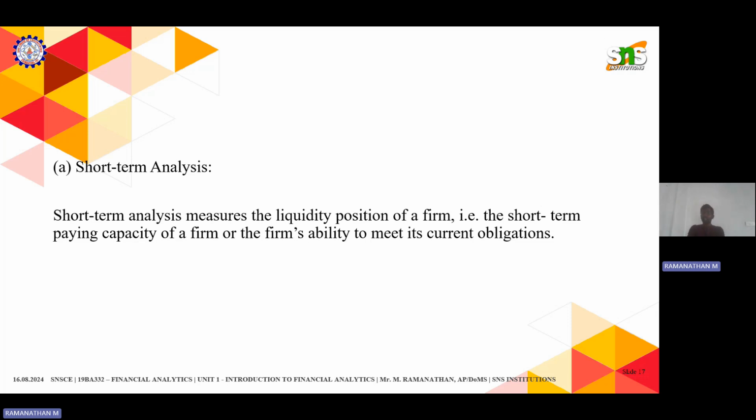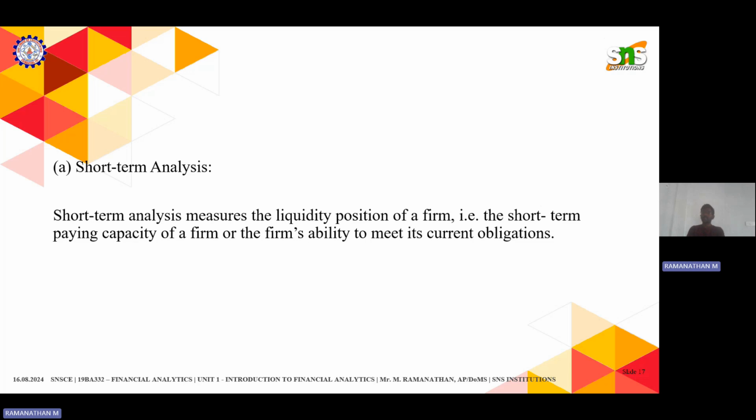Operating activity, financing activity, investing activity, we will be speaking about all of it. How many current obligations are there for a particular year, how much loan I am able to get, how much current assets I am able to meet, current liabilities. So these will be about short-term analysis.